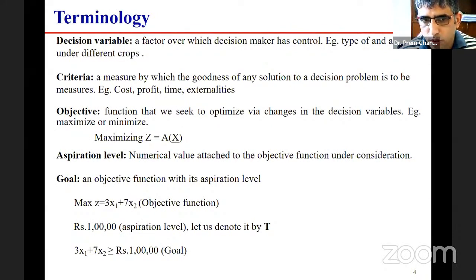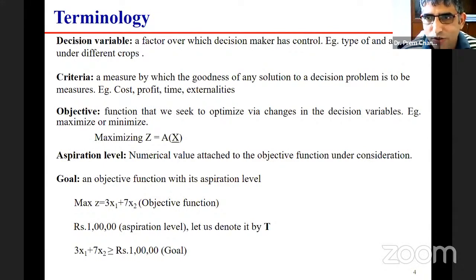And what is a goal? These expressions, these aspirations and objective functions together are called a goal. Let me give an example. I say maximization of net return equals 3x1 plus 3x2. What is the decision variable here? x1 is a decision variable, x2 is a decision variable, so we can change these.